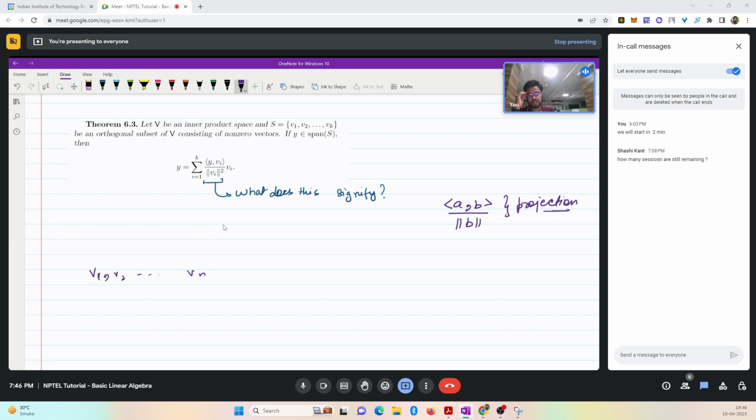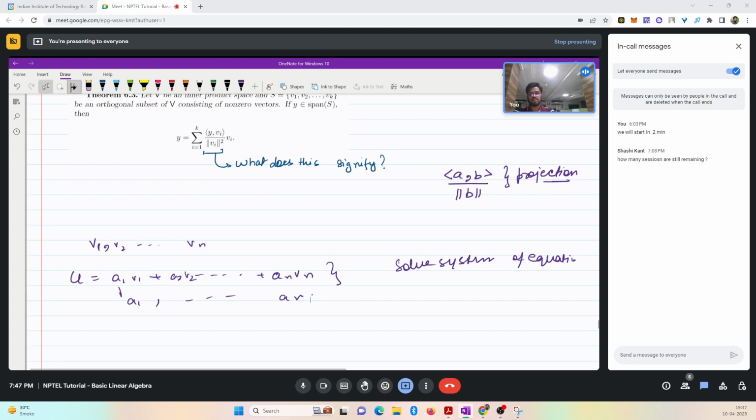If you want to represent a vector u as a1 v1 plus a2 v2 plus an vn, then till now you had to solve a system of equations to find these values of a1, a2 and so on. This is what you had to do.